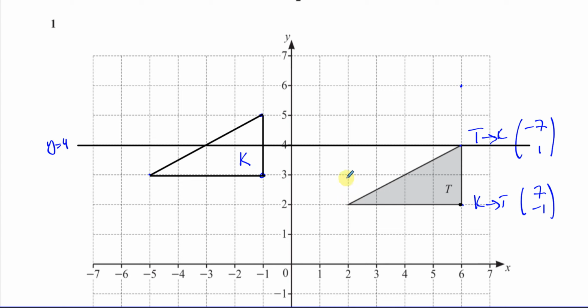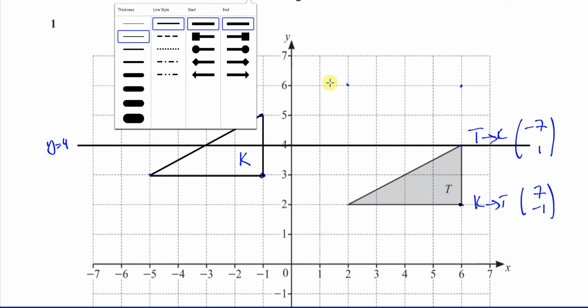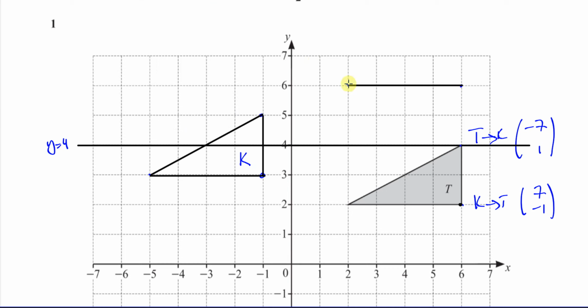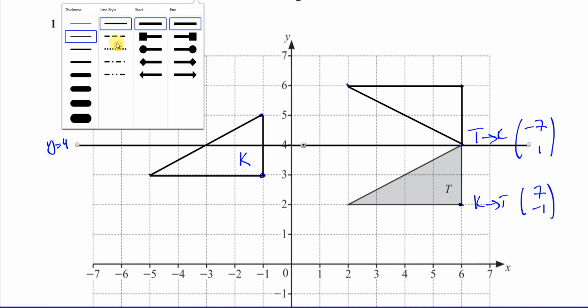This point will be 2 squares above as well, and you're just going to join these together to make your triangle. Okay, and that's your reflection in the line y equals 4. I'm going to draw this line a bit dotted so it doesn't interfere. That's the mirror line.